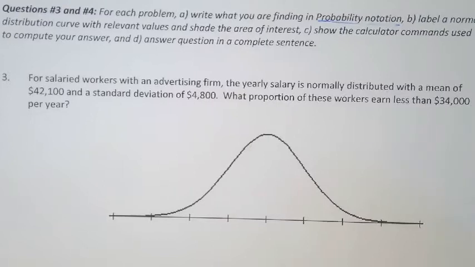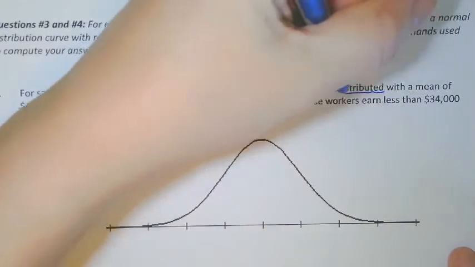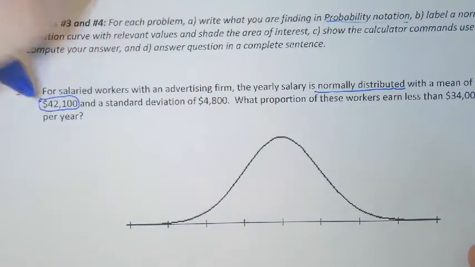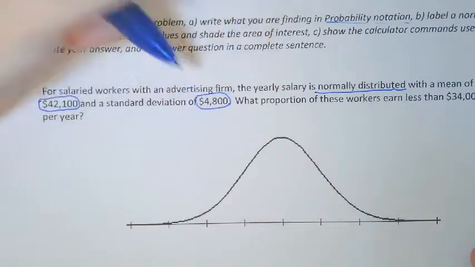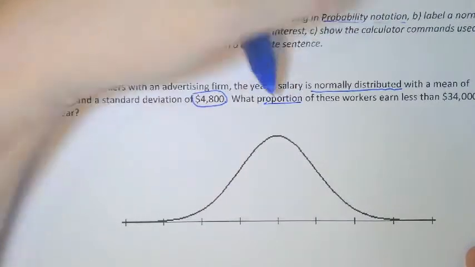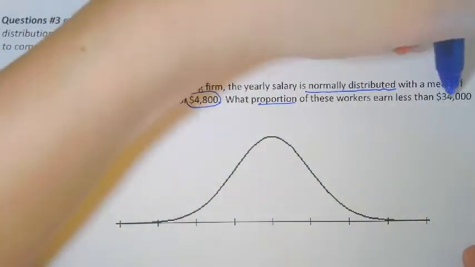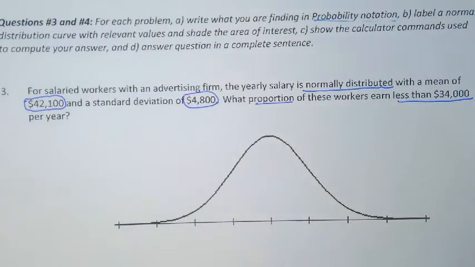So the question we're working with, number 3, says for salary workers with an advertising firm, the yearly salary is normally distributed with a mean of $42,100 and a standard deviation of $4,800. What proportion of these workers earn less than $34,000 per year?